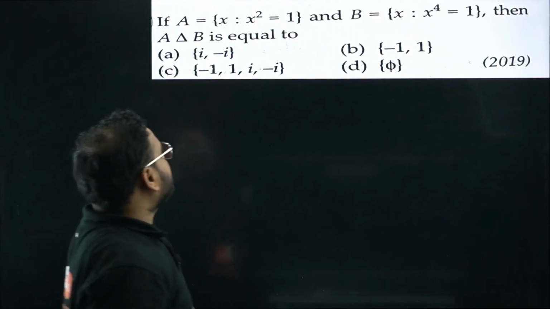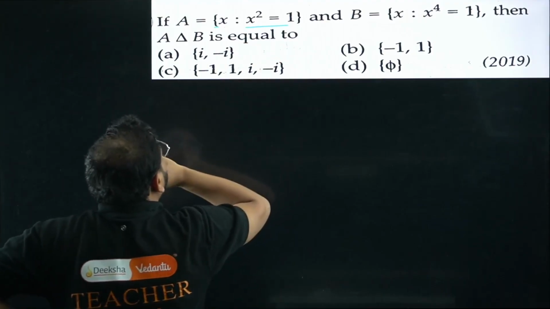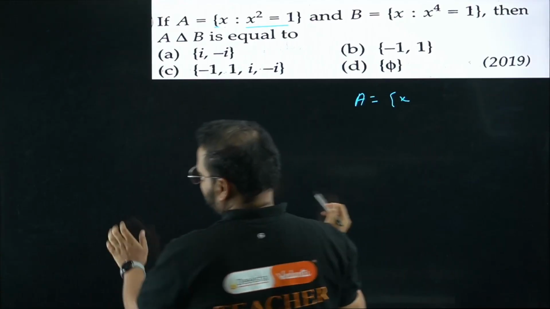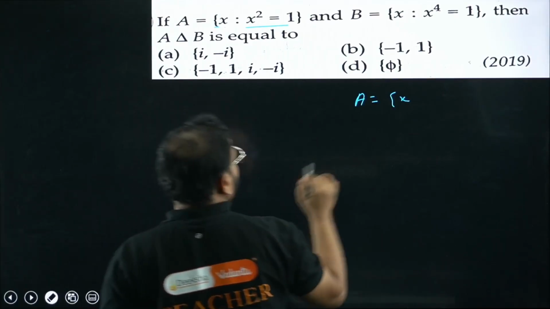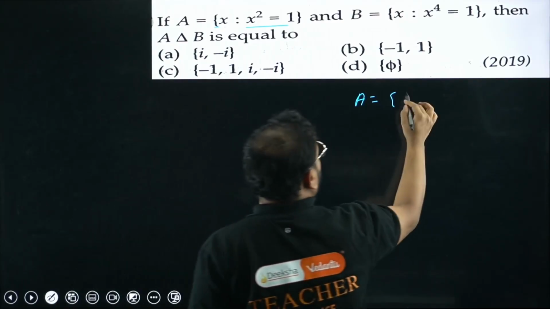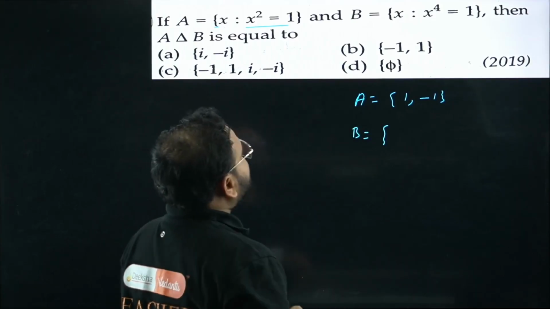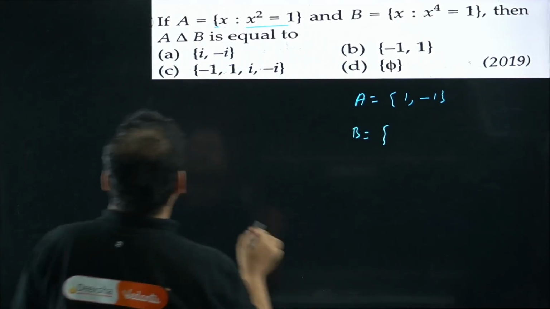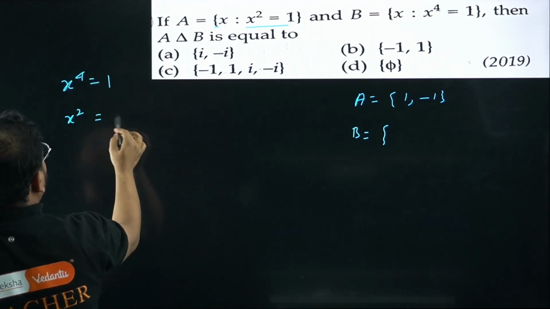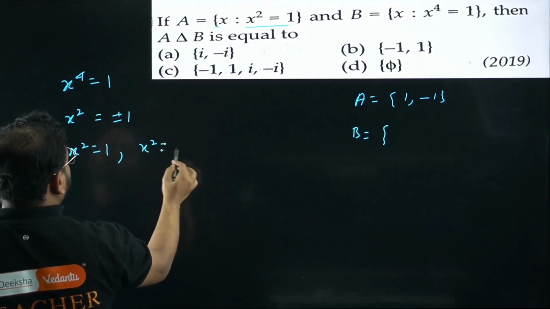Now, A equals X, where X is an element of the set A such that this is the condition. From here I can see directly A equals the roots of 1, which are 1 and minus 1. For set B, x power 4 equals 1. This is very beautiful. Take the first root: you get x square equals plus minus 1. From here x square equals 1 and x square equals minus 1.